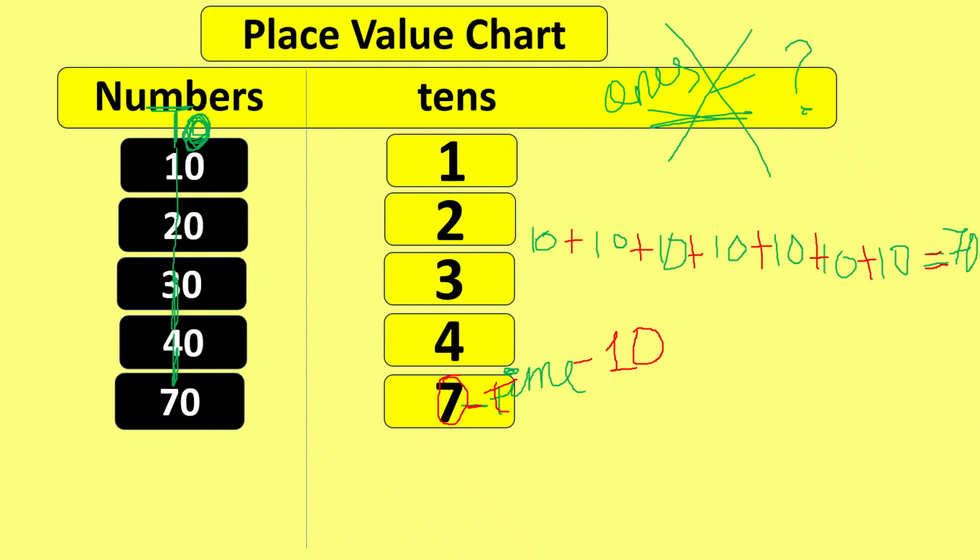I'm just changing the color for you. It's 1 time, 2 times, 3 times, 4 times, 5 times, 6 times, and the last one is the 7th time. So when we add 10 seven times, we get 70. Hope it's clear to you.